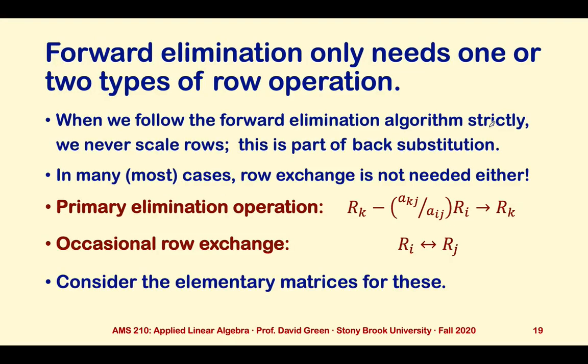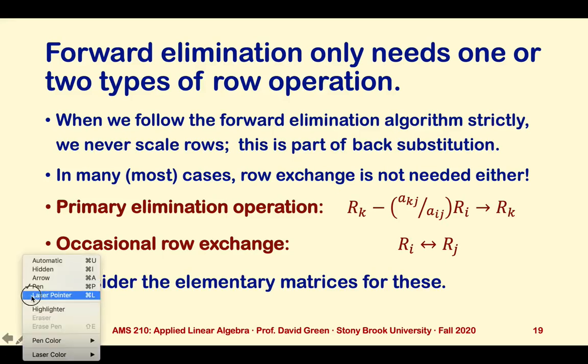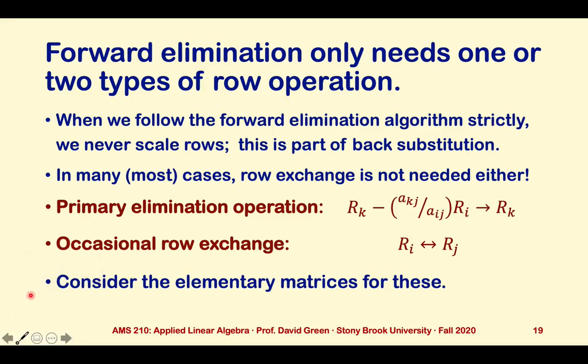Okay. To begin this discussion, I want to focus our attention and remember that we're only looking at forward elimination, not back substitution. And if we follow forward elimination strictly, that is the algorithm form of forward elimination, not using tricks to simplify our by hand arithmetic, but just a set of rules that will always work. We never scale rows.